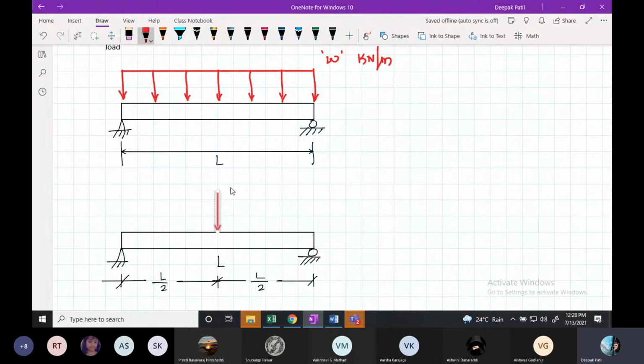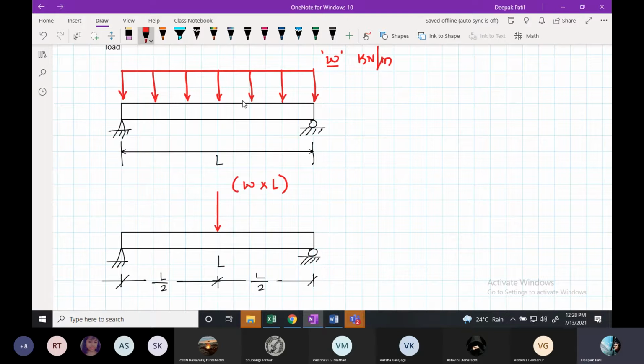And what will be its value? Its value will be simply the uniformly distributed load intensity W multiplied by the total length over which the load is acting, that is L. I will repeat once again.